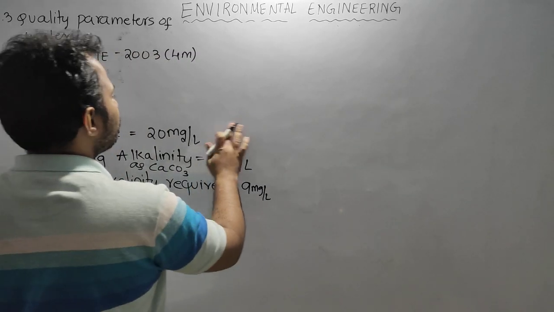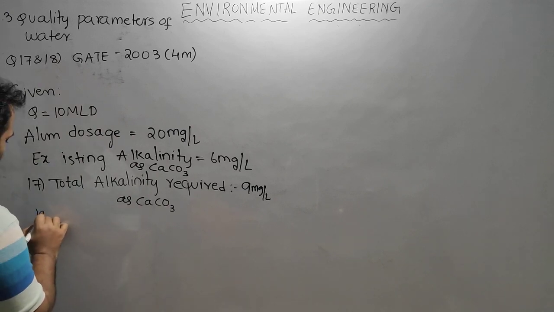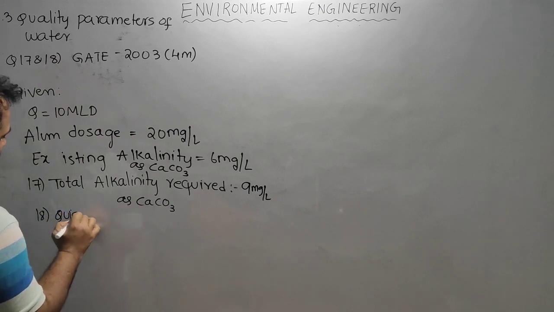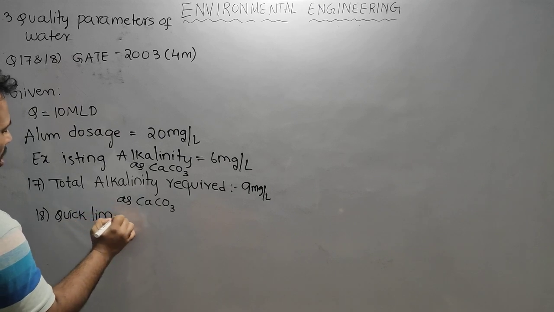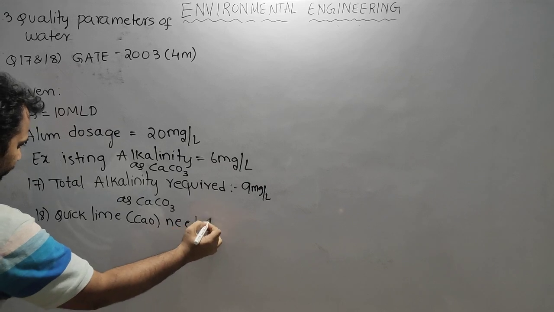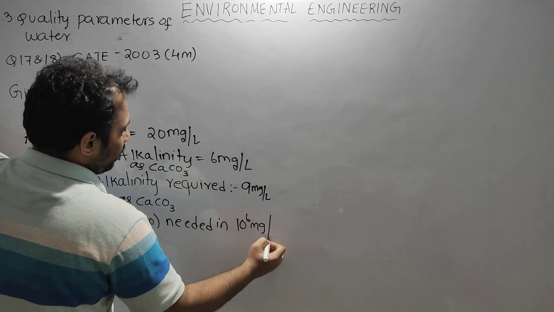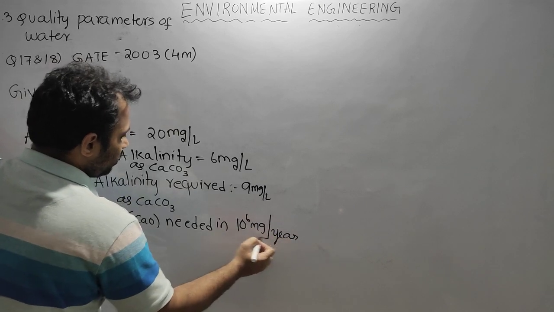The 18th question is quicklime, CaO needed, in 10 to the power of 6 mg per year, that is nothing but kg per year.